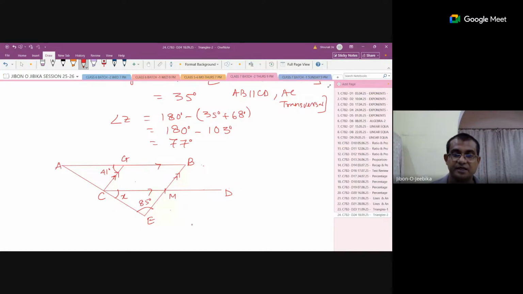Okay. So find X. You have to find this X. Very simple sum. Just do it step by step.